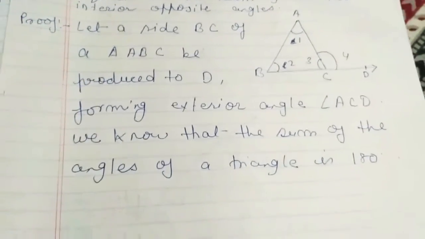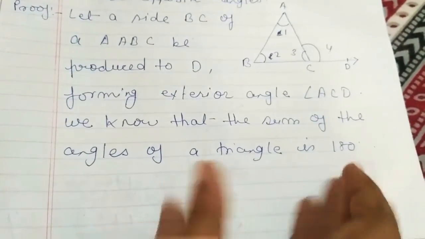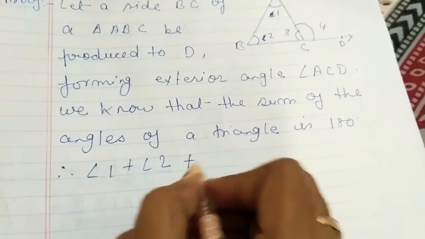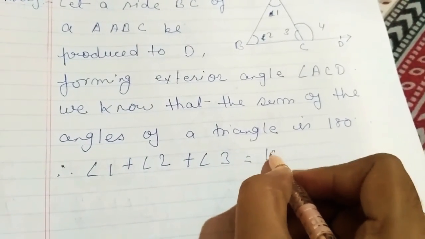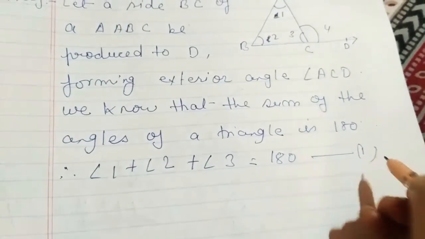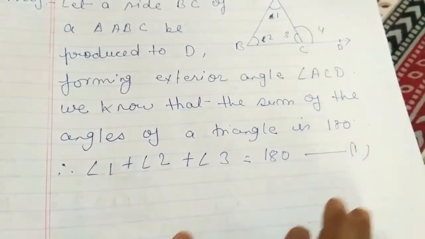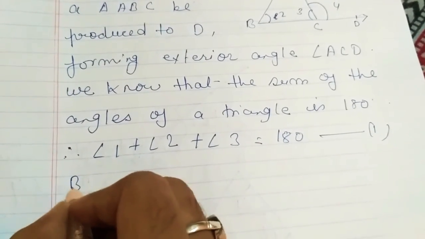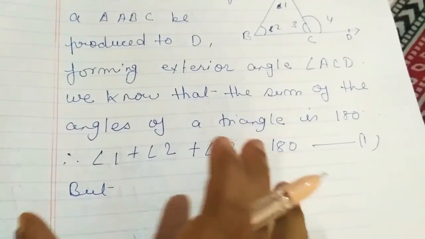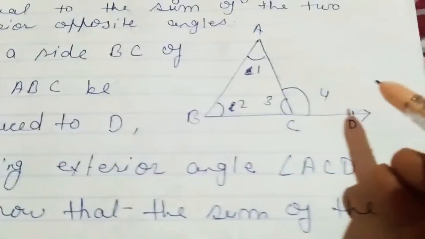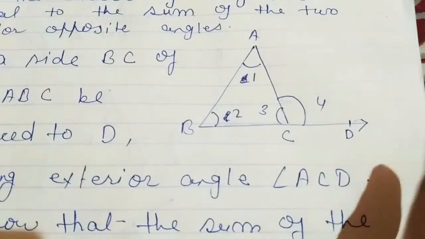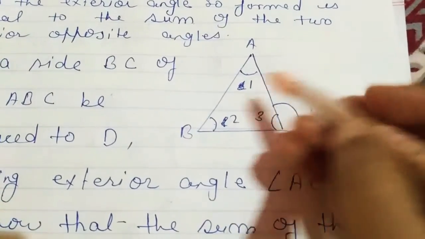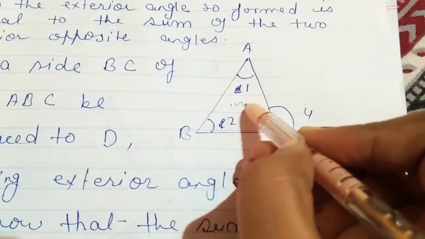Okay, this is the knowledge, and according to this knowledge you can write here angle 1 plus angle 2 plus angle 3 equal to 180 degree. Just put it here, equation 1. Okay, next, but what? Just check the figure. First thing, you know that the sum of angles of a triangle is 180 degree. इन तीनों को ऐड करेंगे तो क्या आएगा, 180 आएगा.